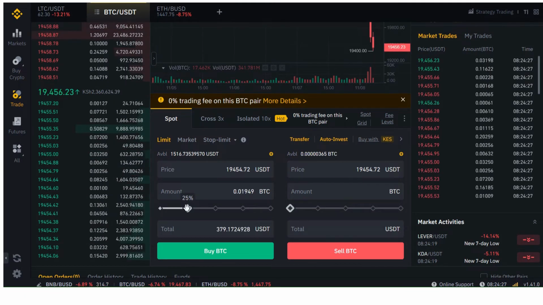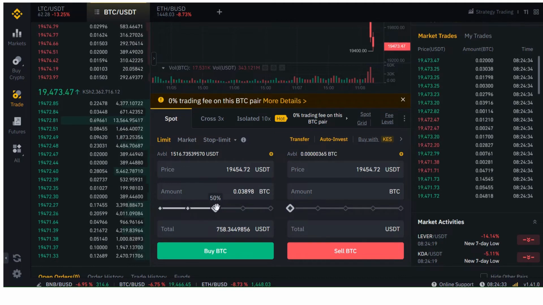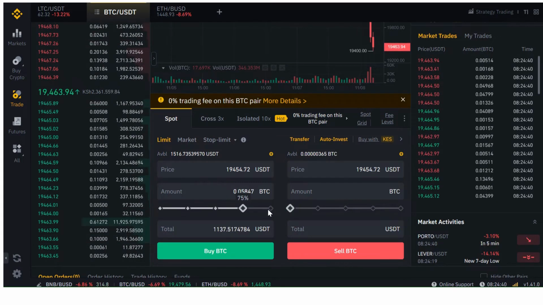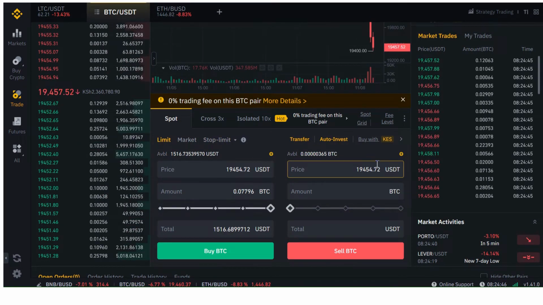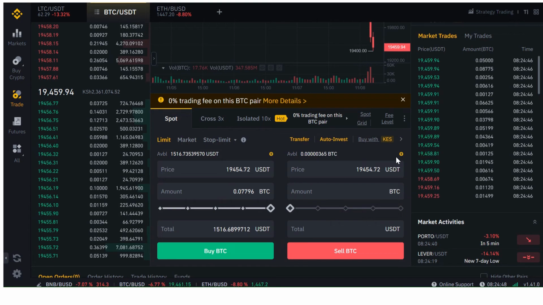You can opt to buy 25%. You can also opt to reduce your risk by buying 50%. You can also opt to buy 75% or maybe 100%. Once you buy, your BTC balance reflects here.